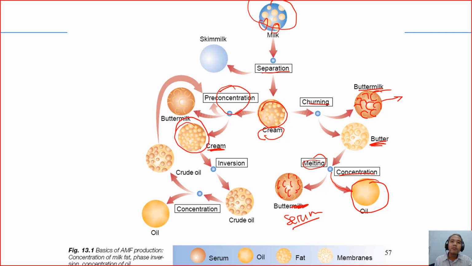Then when we do homogenization to have phase inversion, we break all the fat globules actually. Now the phase here becomes fat, not water anymore. And then we can just separate by centrifugation. We have butter oil, and we have cream residue too.